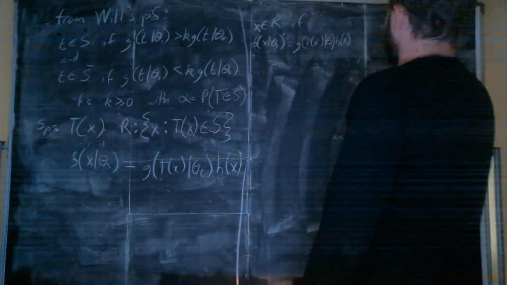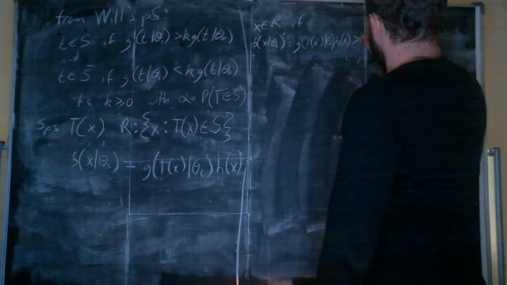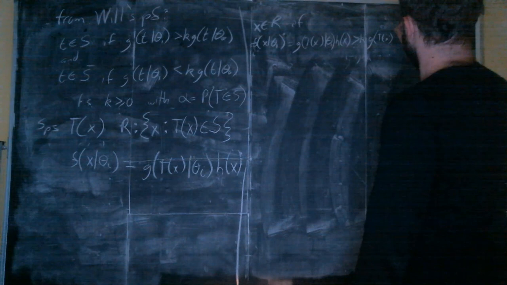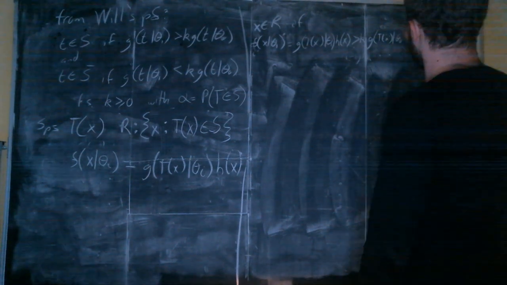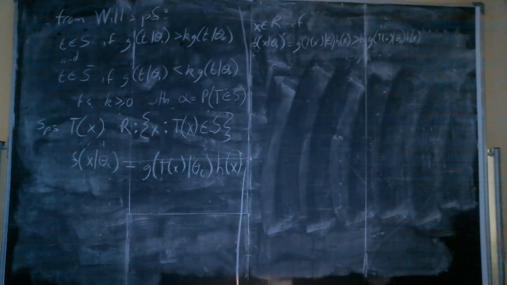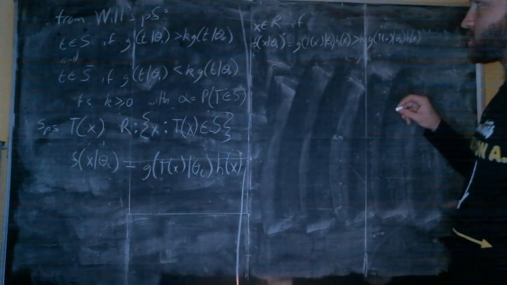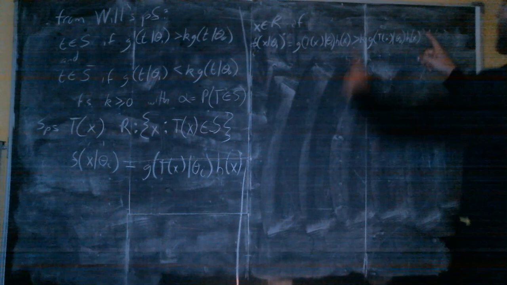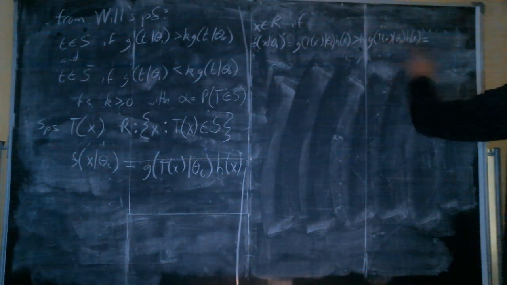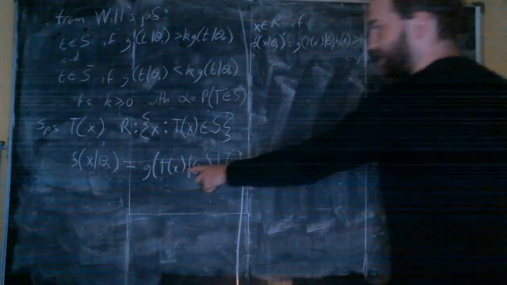And if this happens to be greater than k times g of T of x given theta naught, by the structure of the lemma, then it'll be in our rejection region R. But notice that this part right here, specifically if you leave off the k, we have something that will factor according to our factorization theorem.